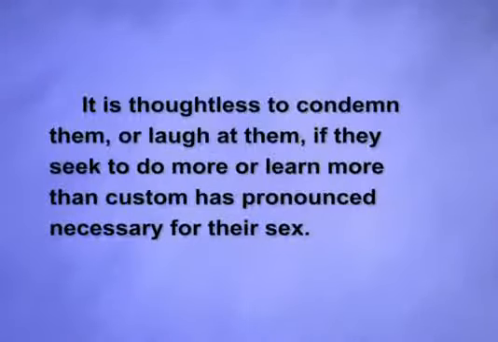It is thoughtless to condemn them or laugh at them if they seek to do more or learn more than custom has pronounced necessary for their sex." Very powerful passage even today. Now, vain, narrow-minded, thoughtless. These are the terms that Jane uses to describe those who hold conventional views of gender roles and gender identities. At this point, she refuses to accommodate those who would demean or degrade her.